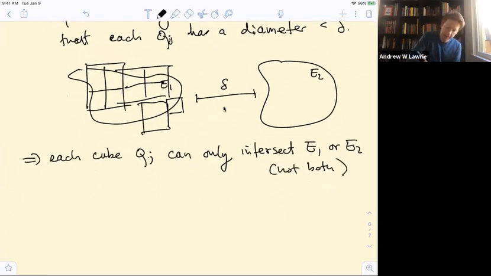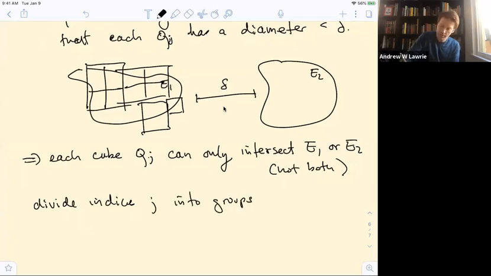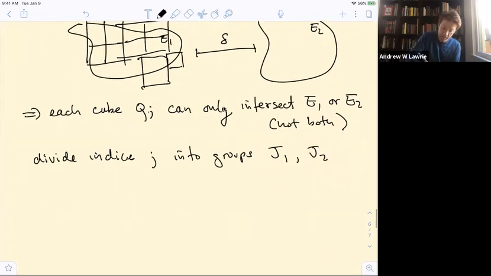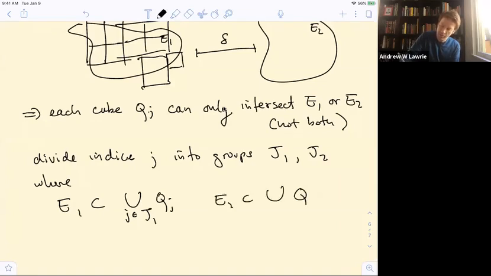And now just divide up my indices J into groups, J1, J2, where E1 is inside the union of the Q_j's over J1, and E2 is inside the union of those Q_j's from the index set J2.